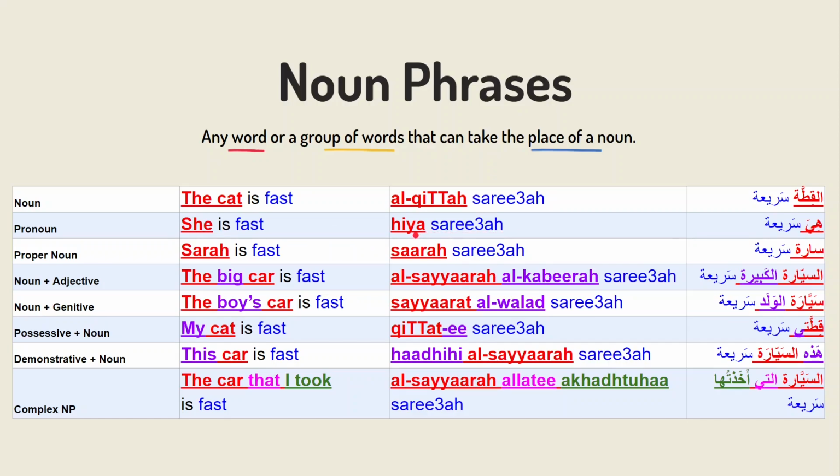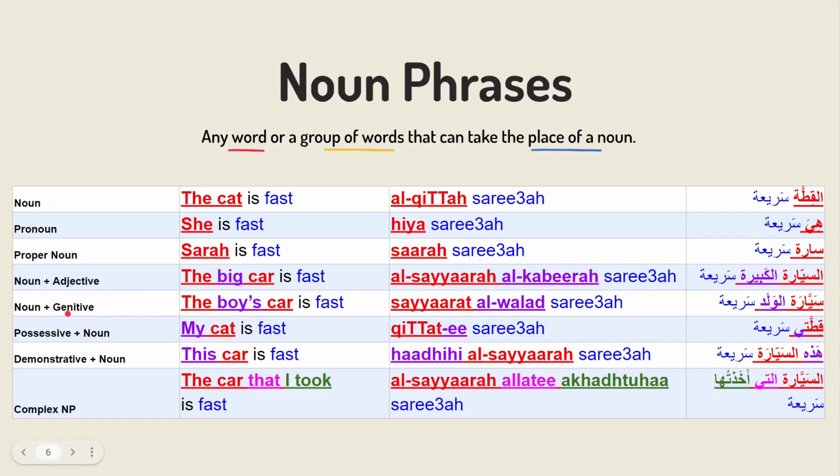Or a proper noun, Sarah is fast. سارة سريعة. And then a noun plus an adjective. The big car is fast. السيارة الكبيرة سريعة.